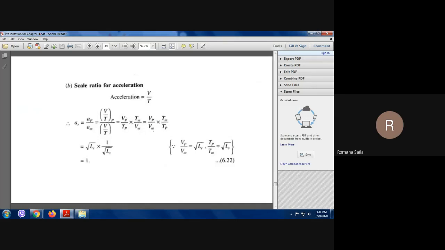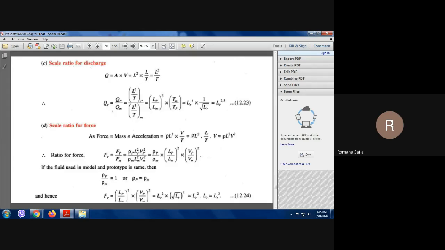We know Vp by Vm is equal to root over LR, and Tp by Tm is equal to root over LR, so Tm by Tp will be 1 by root over LR. So 1 by root over LR and root over LR cancel, and there will be only 1. So the scale ratio for acceleration is 1.